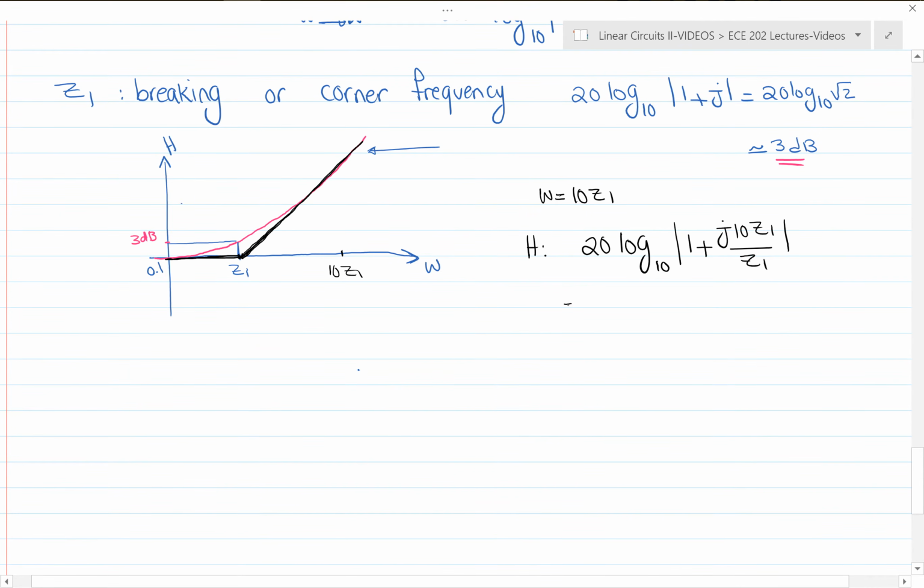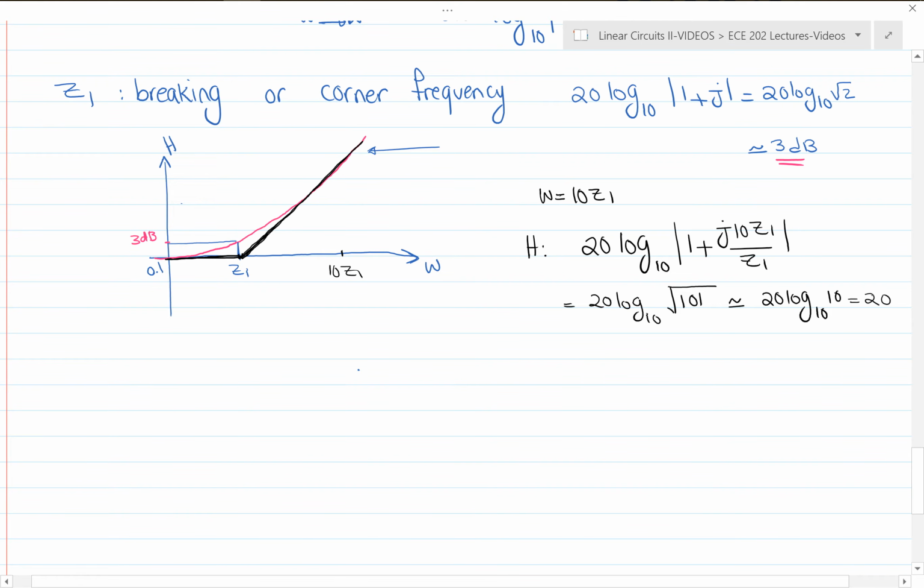And then this is equal to 20 log 10 of, so this magnitude here is the square root of 101, which is approximately equal to 20 log 10 of 10. The square root of 101 is near 10, so we can just consider it as 10, and this is equal to 20, right?